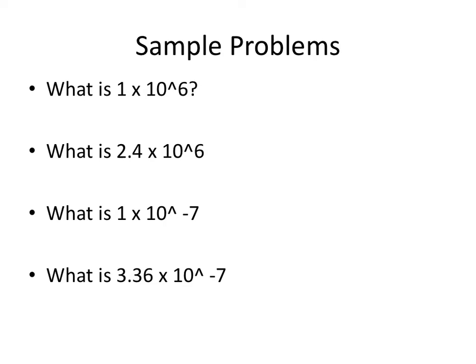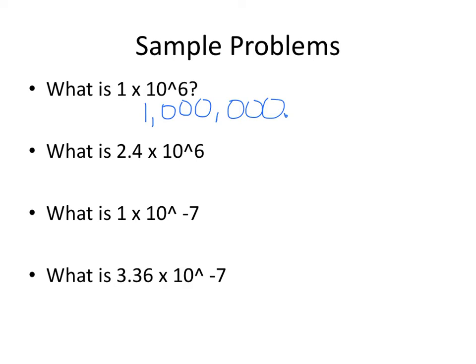Let's write these out. 1 times 10 to the 6th. It's positive, so the 1 isn't included in our count, which means it's 1 with 6 zeros after it. Because now there's our decimal point, we need 6 fillers to put 1 in the decimal point 6 places away.